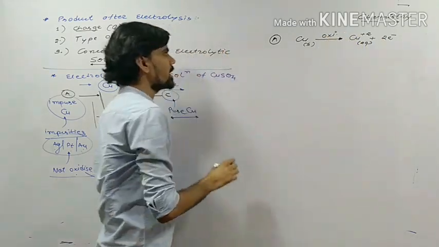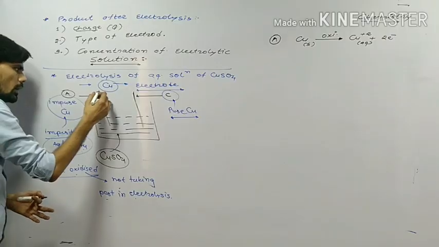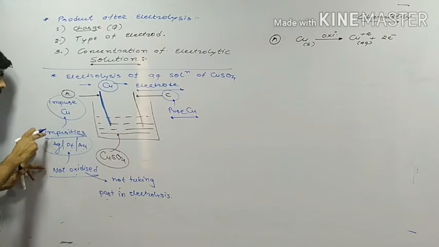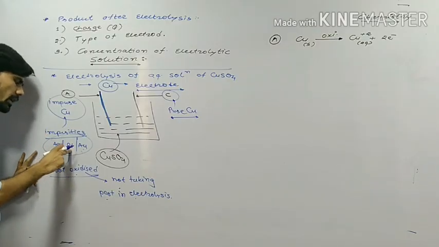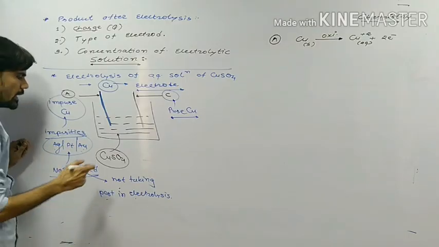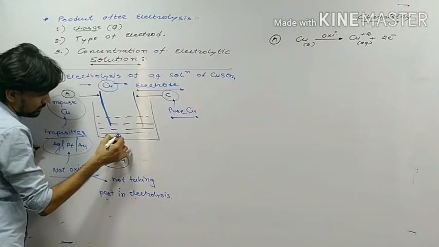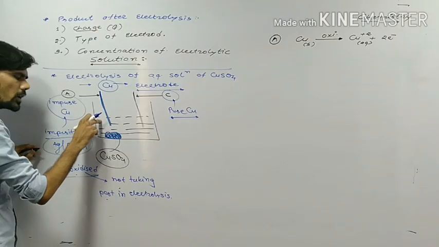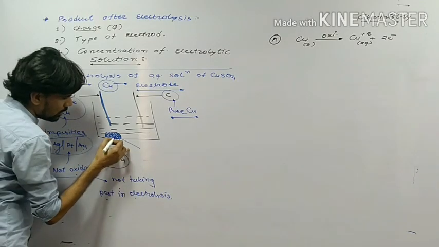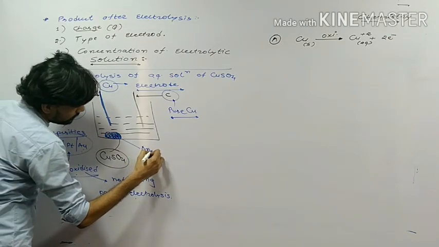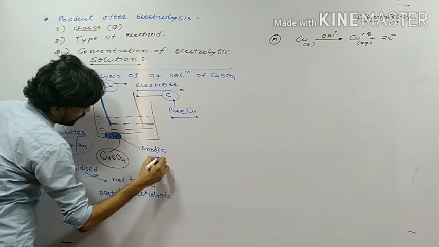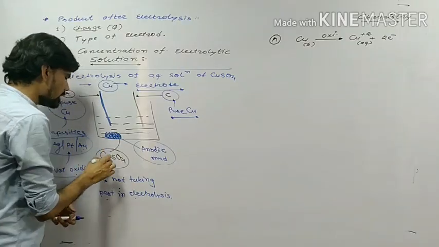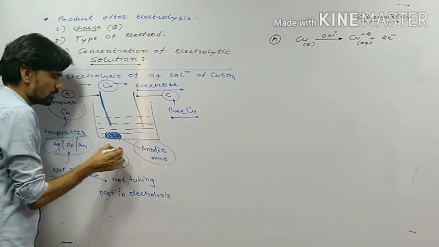It's an oxidation reaction, but the impurities silver, platinum and aurum do not get oxidized, and are collected at the anode, which is known as anodic mud.